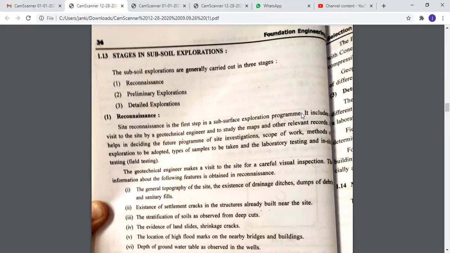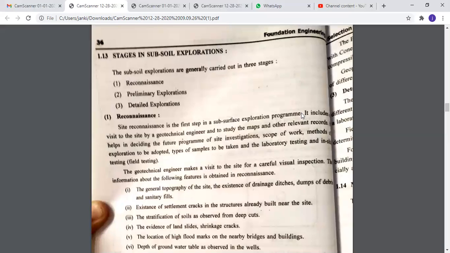I think you will understand that better because many of you visit building sites or different types of structures. The main purpose is the visit to the site by a geological engineer, to study the maps or other relevant records, which helps in designing the future expansion or design, or whatever the reason, right?